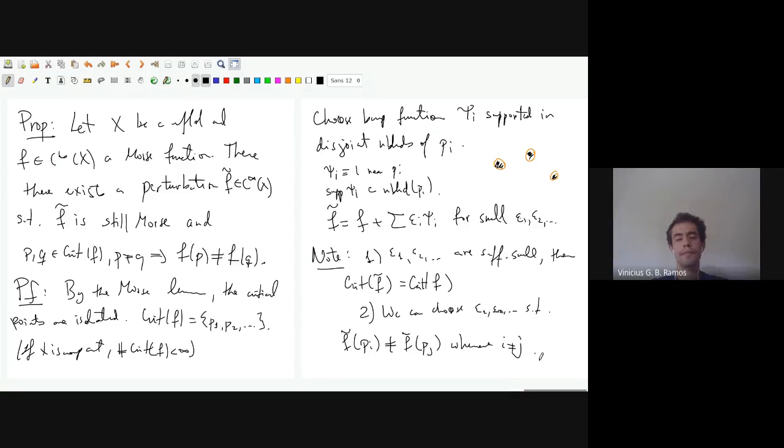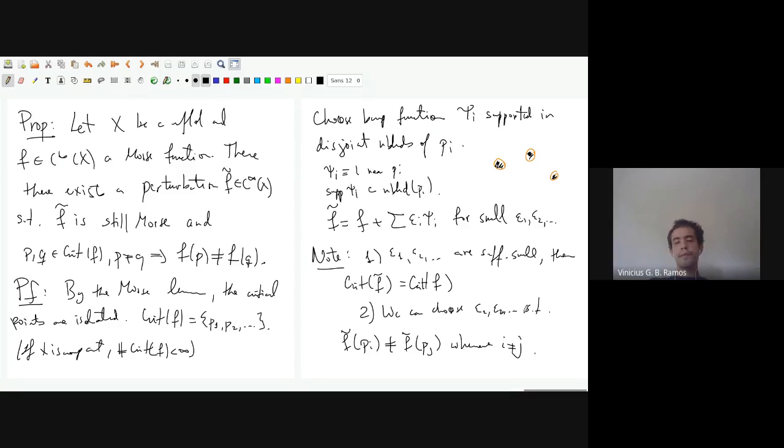So for the second step, you have to think a little bit when you have an infinite sequence of critical points. It's not very hard, but it's a little argument of countability, and you have to think about convergence, but it's pretty simple. If you don't want to think about that, you can just assume the manifold is compact and the number is finite, and then it's very easy. You just choose different epsilons whenever the values of the function f coincide.